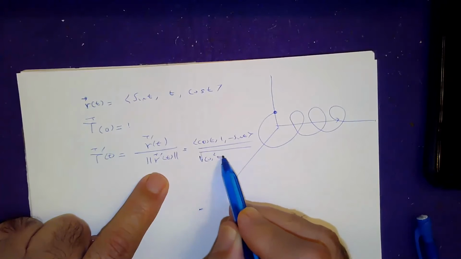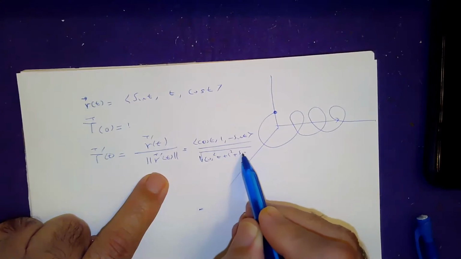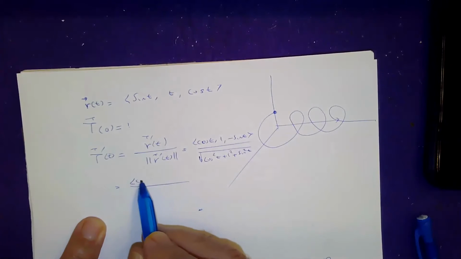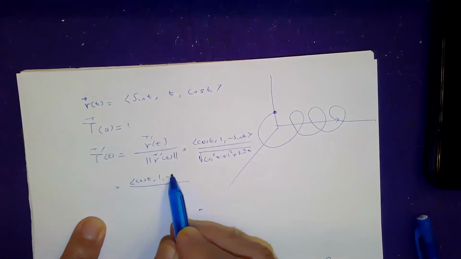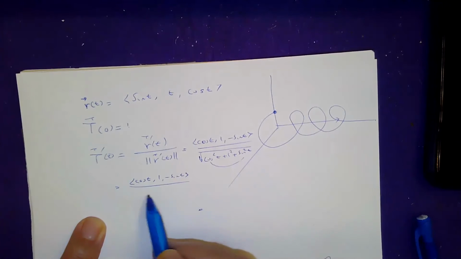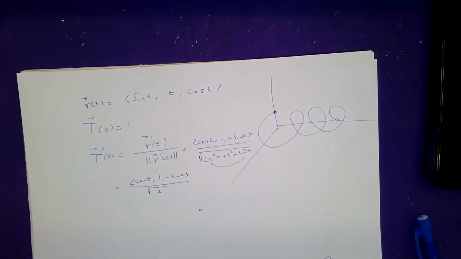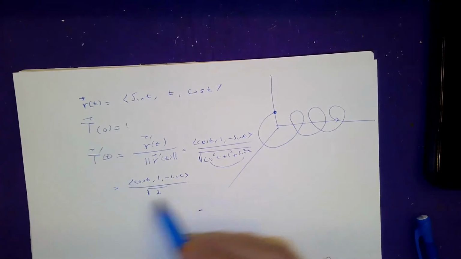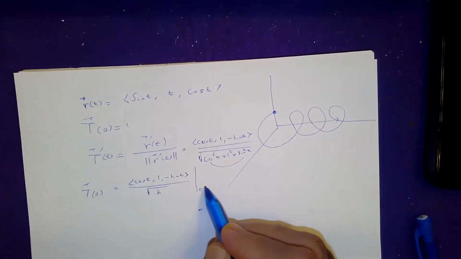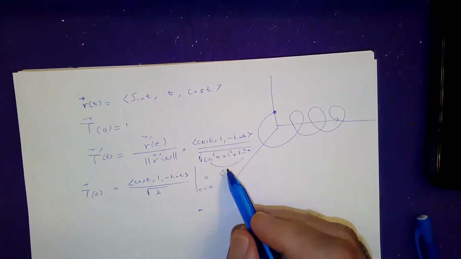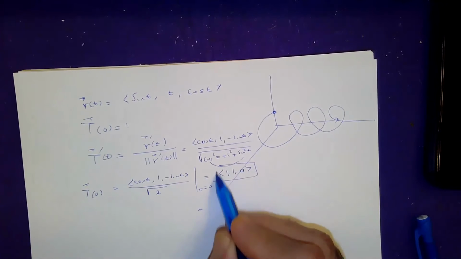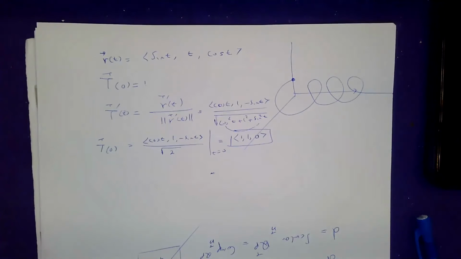That's cosine squared plus 1 squared plus sine squared. But cosine squared plus sine squared is 1, so you get square root of 2. However, evaluating this unit tangent at 0, what does it give you? 1, 1, 0, there. Is that right?